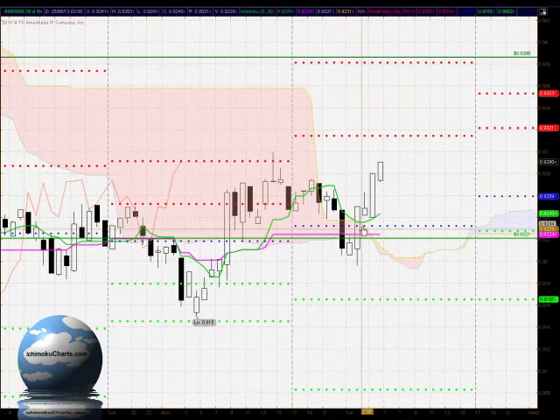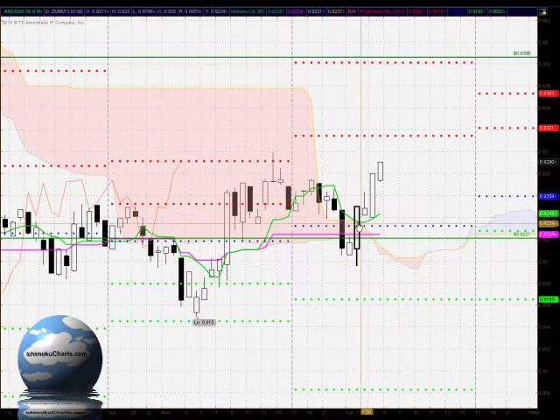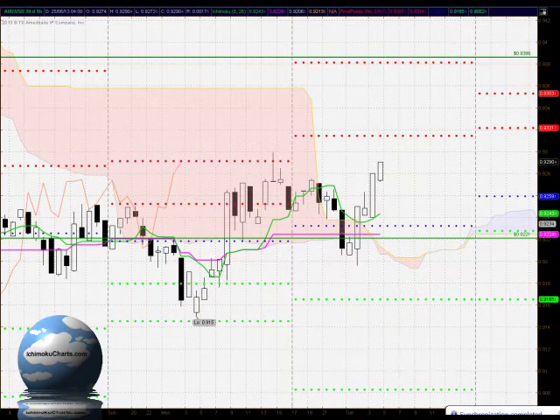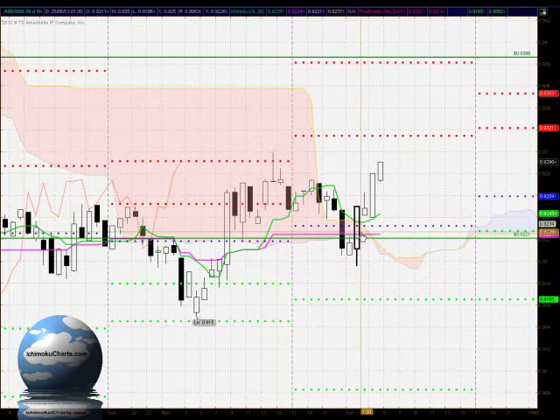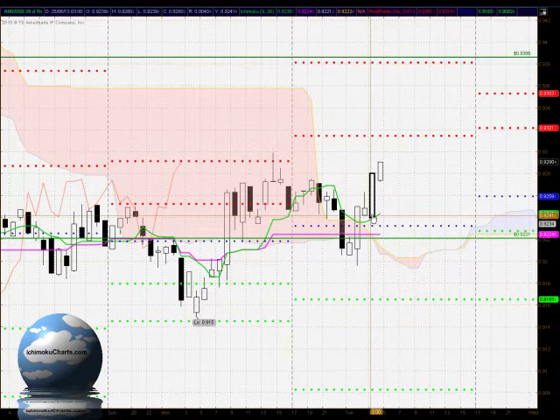The market has traded up through the mid point level of the pivot point area in a bullish manner and broken out above all three Ichimoku indicators: the cloud, the Kumo, the Kijun-sen, the pink line, and the Tenkan-sen, and we've seen the size of the bodies extend quite nicely.